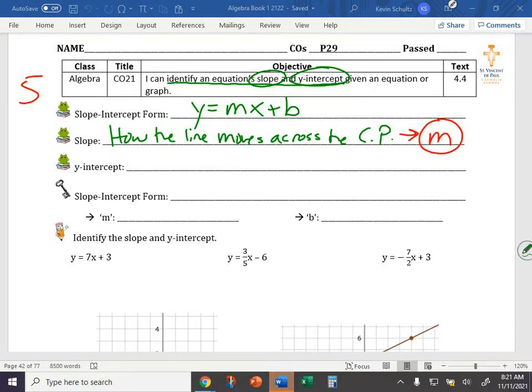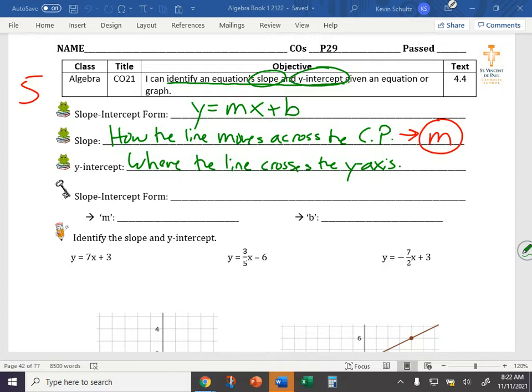What's the y-intercept of a graph? It's where the line crosses the y-axis.